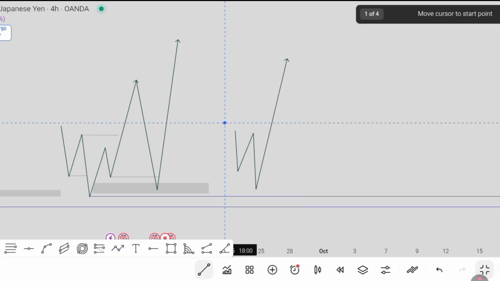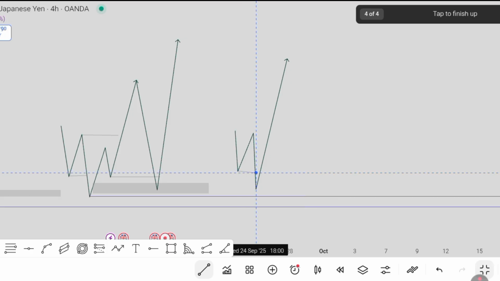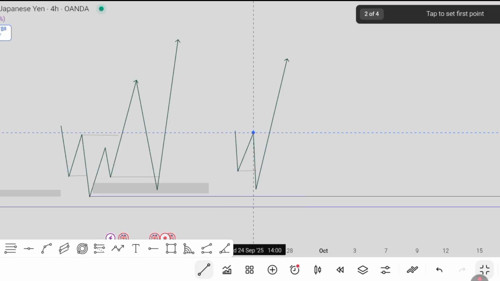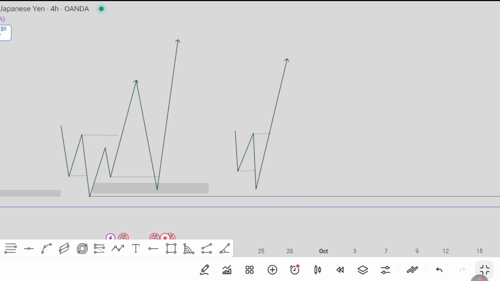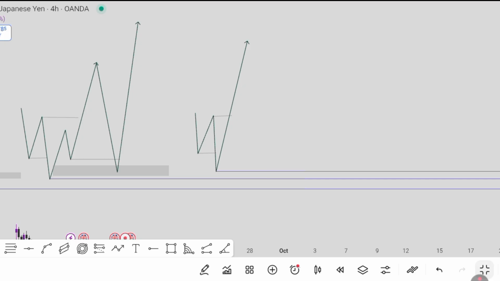You already established that this is a sweep of transactional liquidity, and since you have that sweep, you have your break of structure here, and then you establish that this is your strong low. Since you have a strong low there, you're expecting this market to come tap your point of interest somewhere around here. But this time around, the liquidity formation is different. This is a low probability setup, take note.